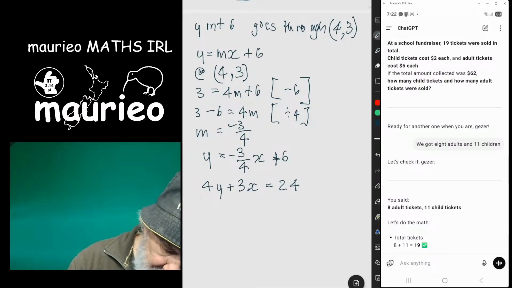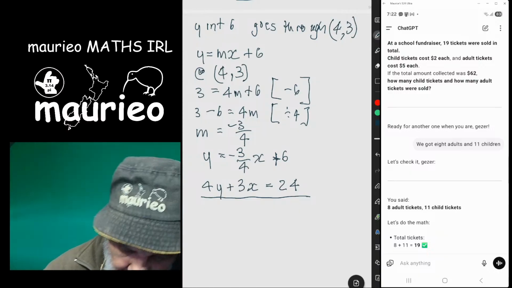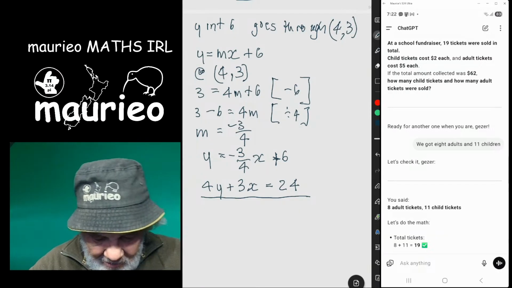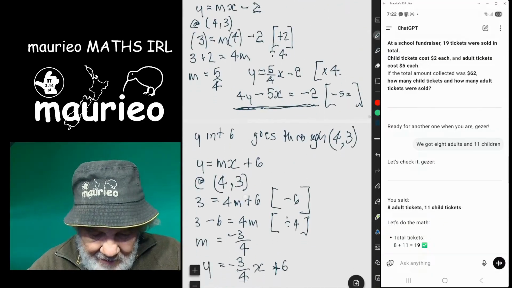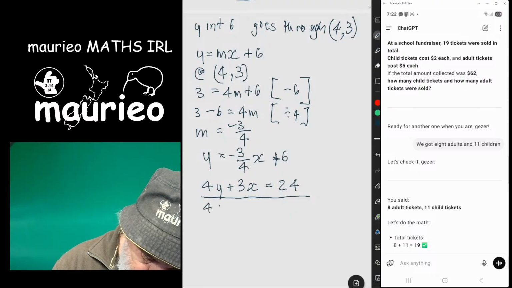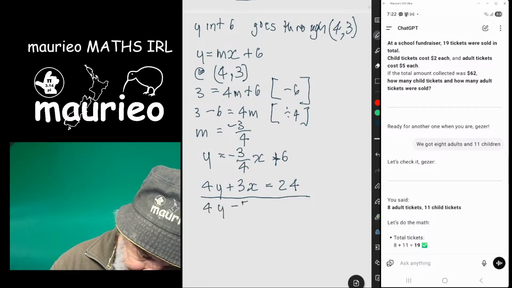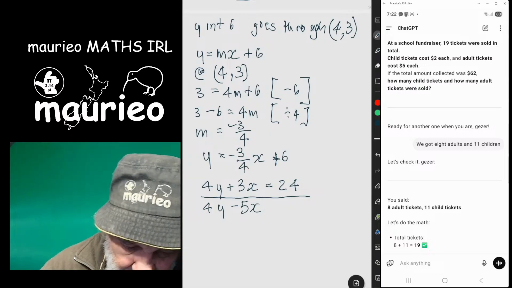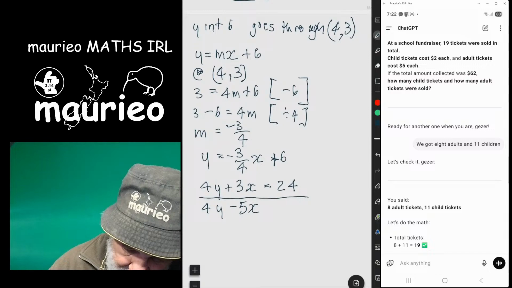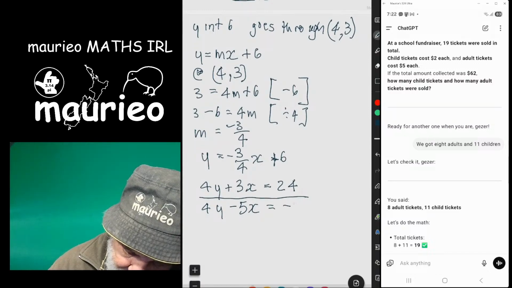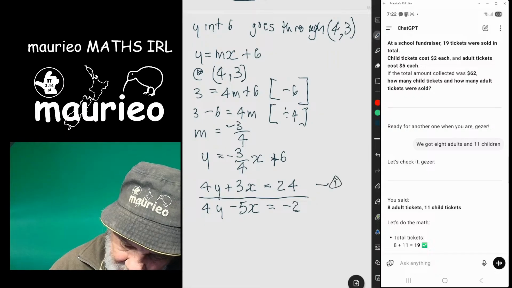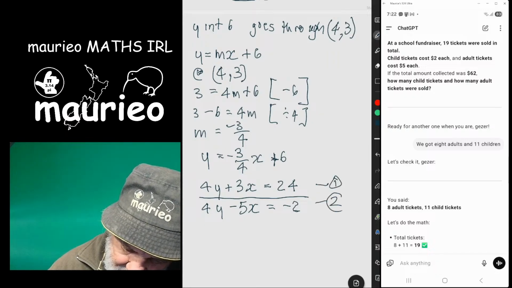Okay. So now we've got our two equations. 4y plus 3x equals 24, and 4y minus 5x equals negative 2. Right, so that can be equation 1, and that can be equation 2.